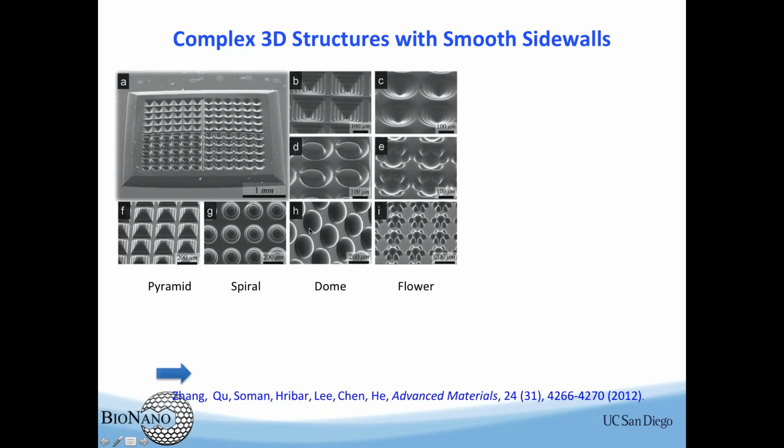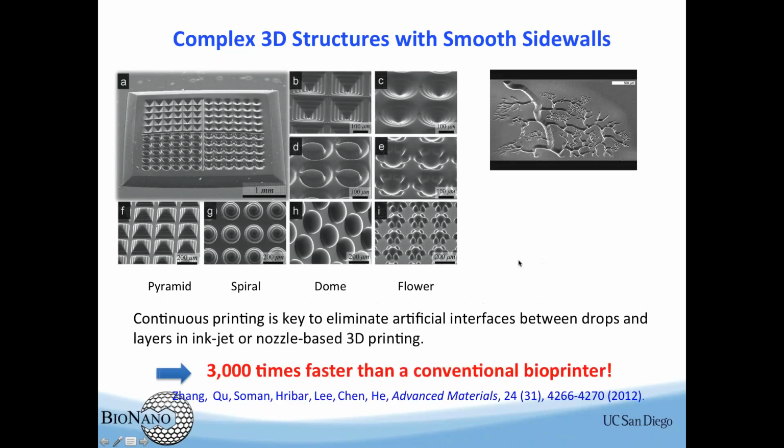Since it's a continuous printing in the Z direction, I want to show you that here you don't see layers in the 3D device. You can see a very smooth structure because you print it in a continuous fashion. There's really no stop between different layers, and you often see those layers in traditional printing. If you move from one layer to another, you have these artificial interfaces.